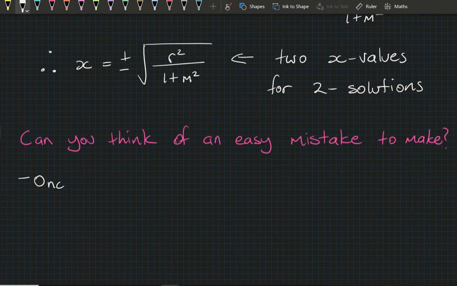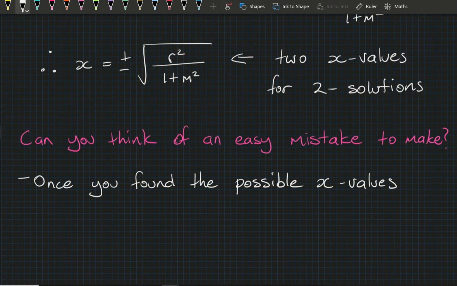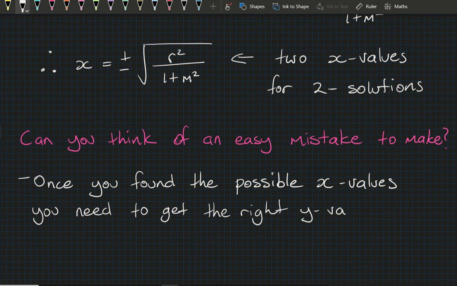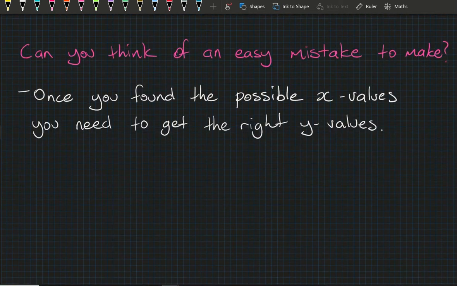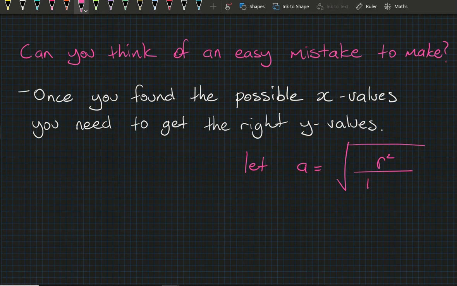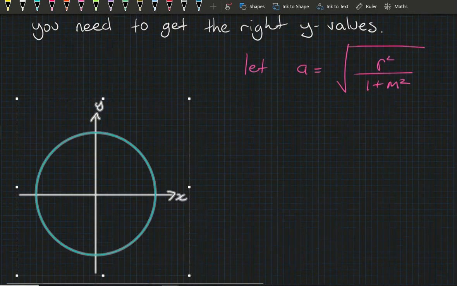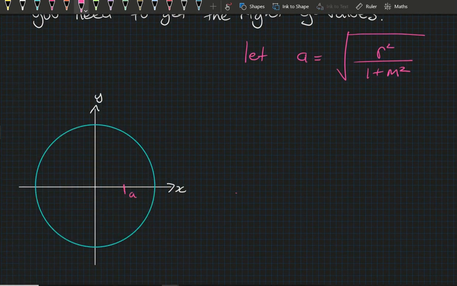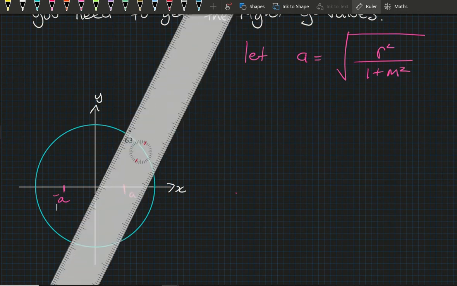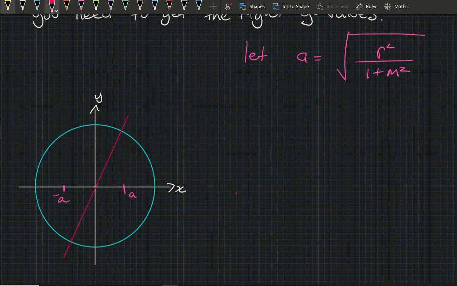Well, once you've found the possible x values, you need to get the right y values, right? Because any intersection is a coordinate. To demonstrate this, let a equal the square root of r squared divided by 1 plus m squared, and let me mark them in on this circle. So we have a positive and negative value there. Now, you need to make sure that the y value associated with these points sits on the line.